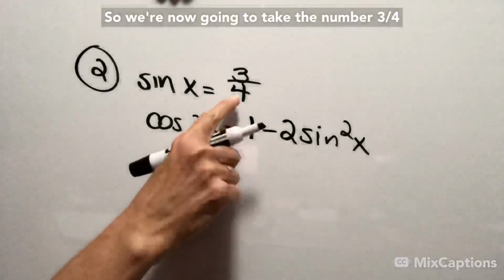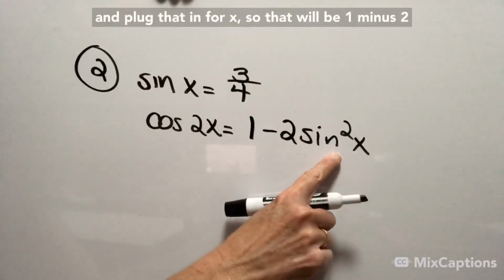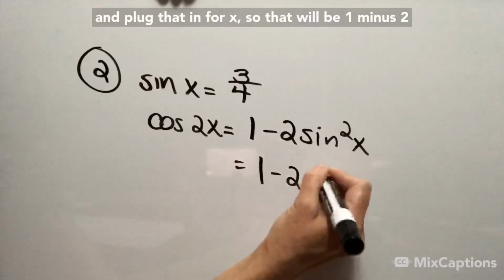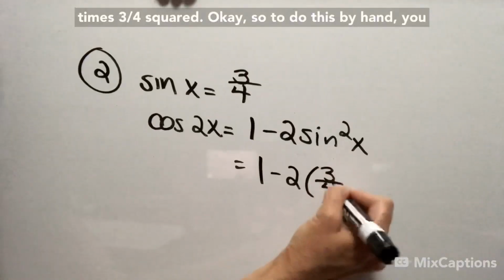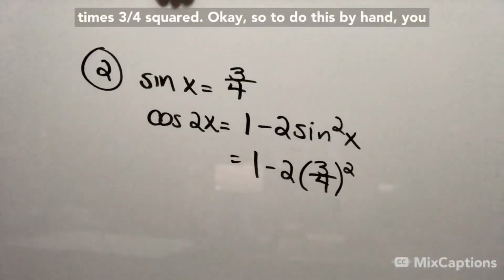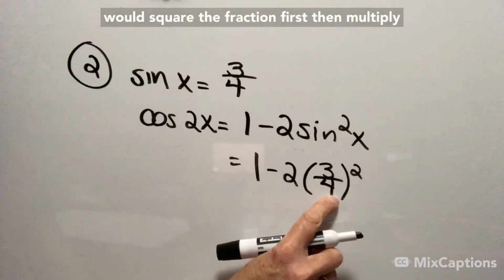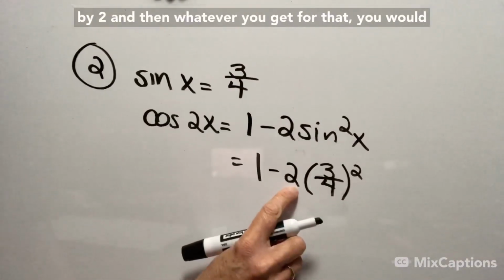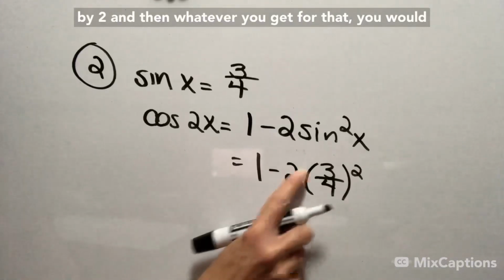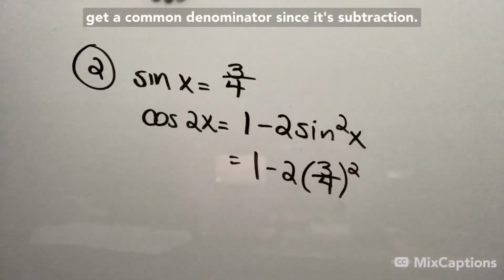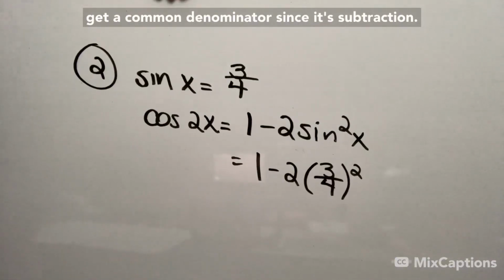So now we're going to take the number 3/4 and plug that in for sine of x. So that will be 1 minus 2 times 3/4 squared. Okay, so to do this by hand, you would square the fraction first, then multiply by 2, and then whatever you get for that, you would do 1 minus that number. And you would need to get a common denominator since it's subtraction.